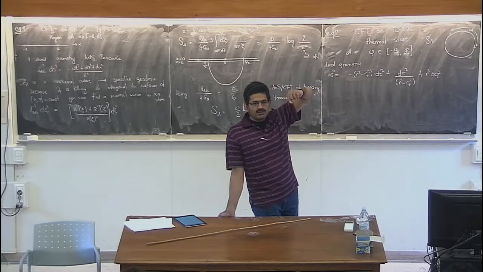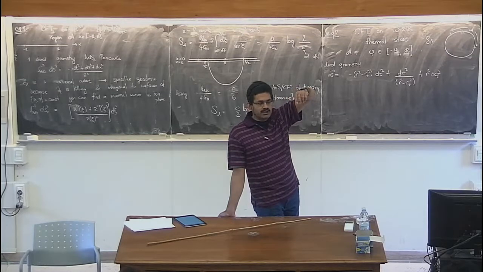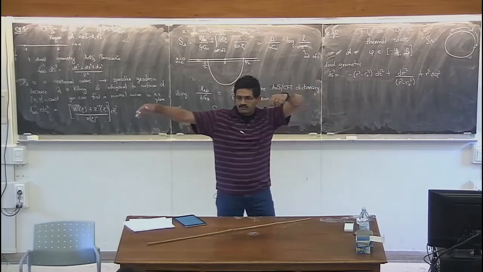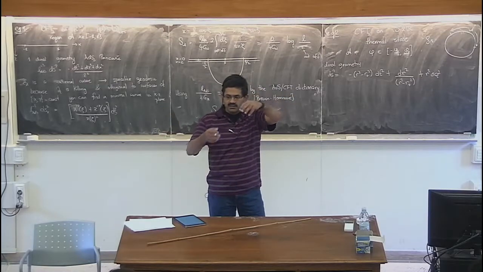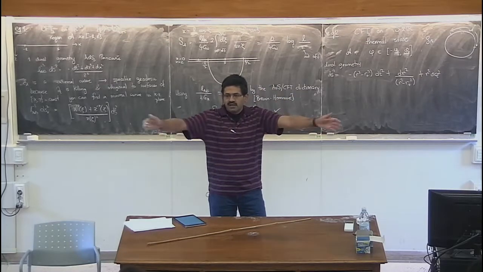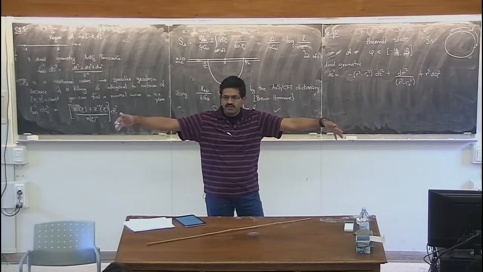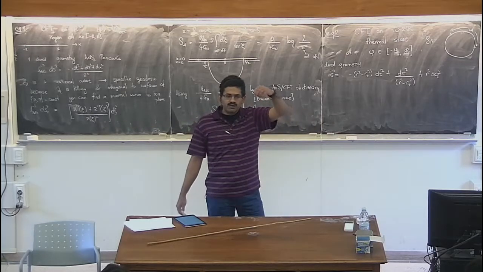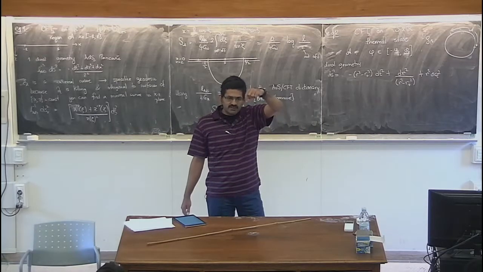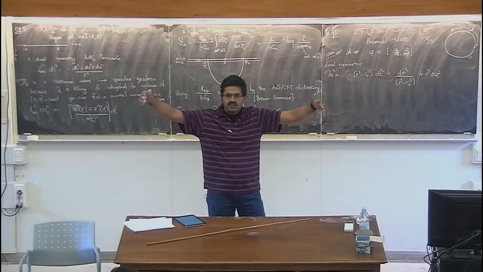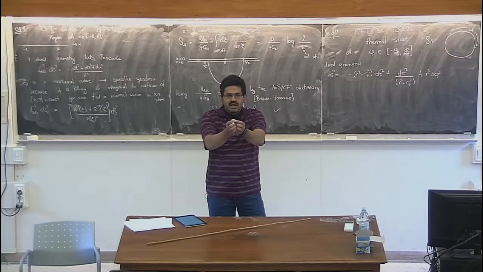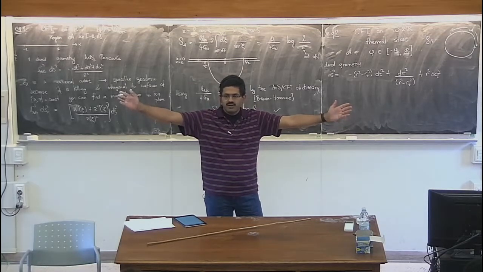In 4-dimensional Minkowski space, the Newtonian potential of a point particle falls off like 1 over r, so it dies off at infinity. If you try to compute the Newtonian potential of a point particle in 3 dimensions in flat space, it grows logarithmically. Just solve the Laplace equation in 2 dimensions. The Newtonian potential grows logarithmically, which means that the effect of a point particle is felt very non-locally at infinity.